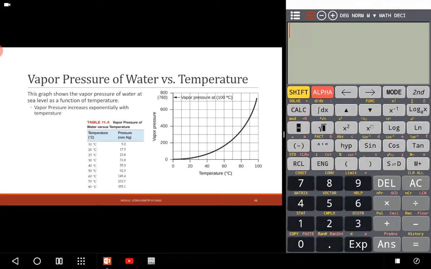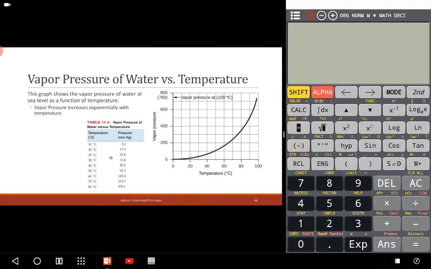The pressure due to the water vapor in there is completely dependent on the temperature of the water. It's not dependent on how much water there is, it's only dependent on the temperature of that water. The vapor pressure of water increases fairly exponentially as a function of temperature. The vapor pressure has been tabulated, and so here's a table of vapor pressure versus temperature.